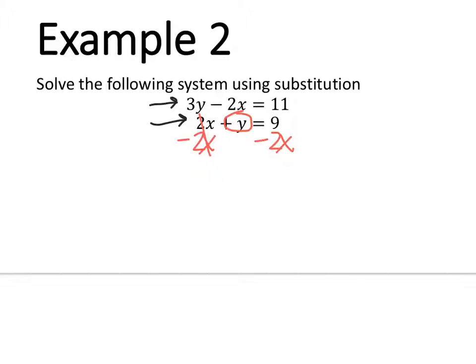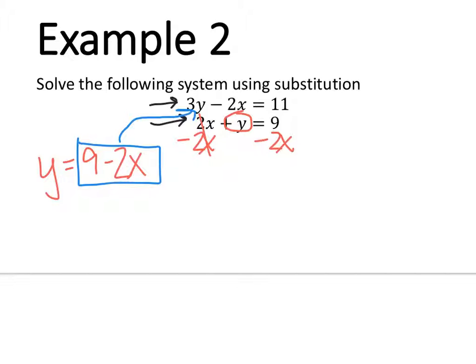So I'm going to continue this work over here. I have y equals 9 minus 2x. So now that I have what y equals, 9 minus 2x, I'm going to take 9 minus 2x and put it in place of y in my other equation. So I have 3 times 9 minus 2x minus 2x equals 11.